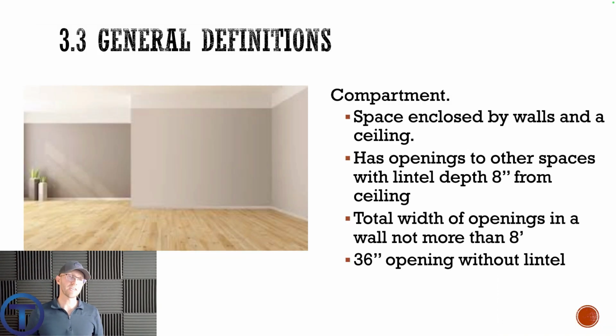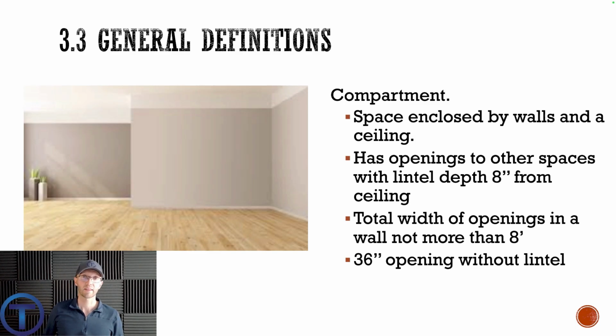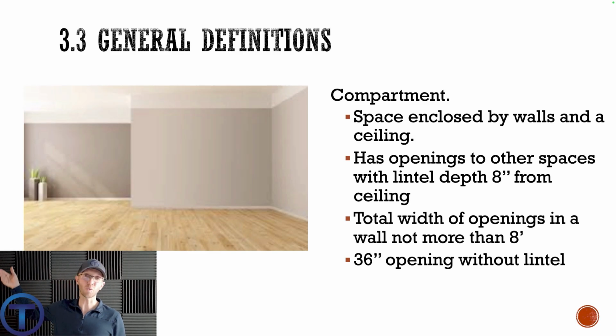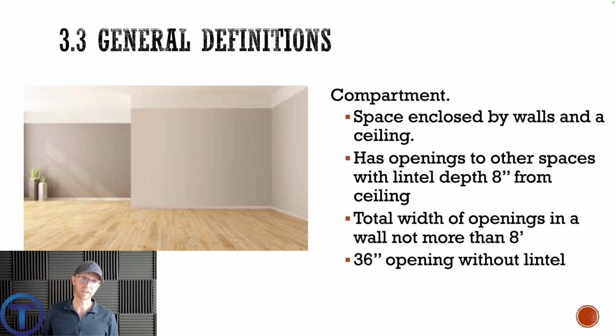Let's look at the definition for compartment. As we have a close look at that, it's basically describing a room. It's a space that's enclosed by walls and has a ceiling. Yeah, that's a room. We're going to call it a compartment here. It can have openings to other spaces, and even without a door. A lintel is an extension of the wall, comes down from the ceiling, but doesn't go all the way to the floor.